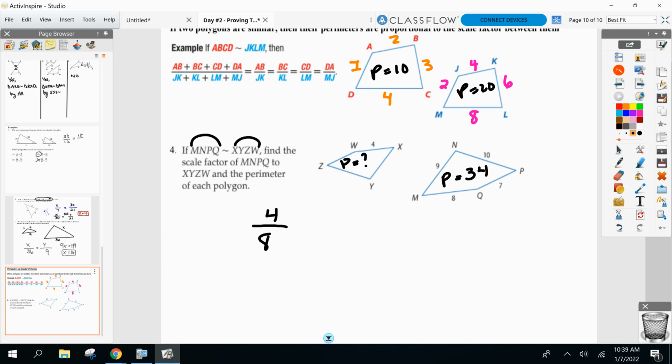8, yep. The ratio of the sides is the same as the ratio of the perimeters, which is, I don't know, for the smaller one, and 34 for the bigger one. All right? Ratio of the sides, same as the ratio of the perimeters. And there you go. You got yourself a little cross multiplying.